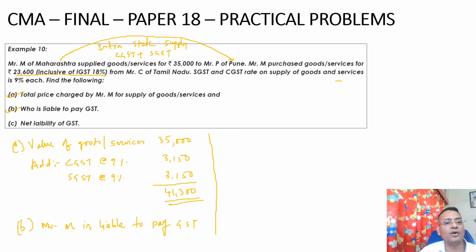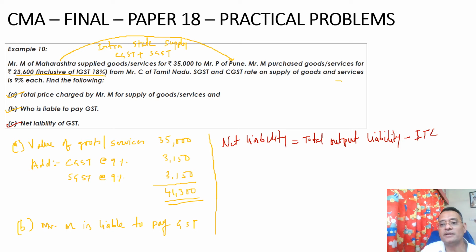Net liability of GST. What is net liability of GST? Net liability would be total output liability minus input tax credit, ITC.